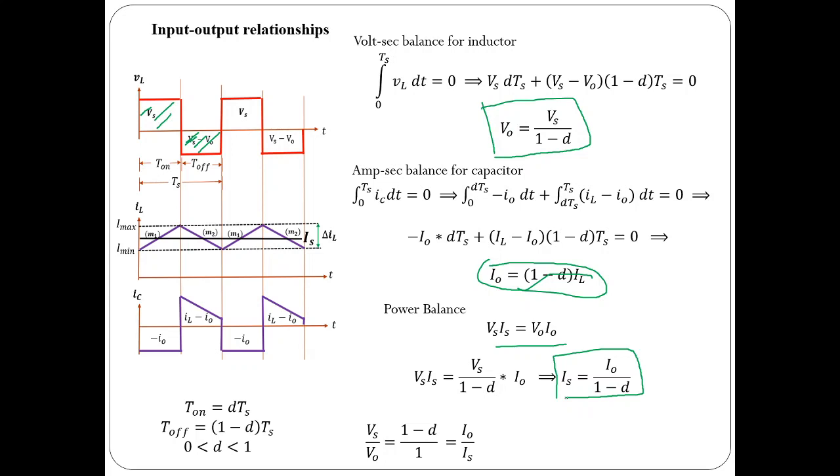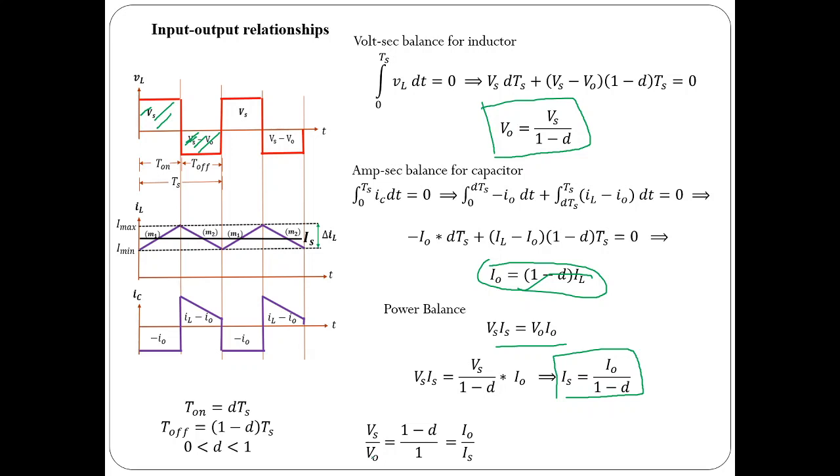Now if you compare the operation of the boost converter with an AC transformer, you can see Vs by V naught is equal to I naught by Is, that is equal to 1 minus d by 1. You compare this relation between input and output voltage and current with transformer action. For a transformer, we know V1 by V2 is equal to N1 by N2, right?